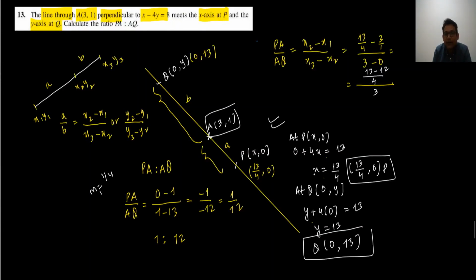Moving forward, 13 minus 12 is 1, so 1 upon 4, and this is 3. 1 upon 4 divided by 3 is equal to 1 upon 4 multiplied by 1 upon 3. So absolutely it is coming 1 upon 12, meaning 1 ratio 12. I know the answer with y will be easier to find because there is no fractional value. So this way we have done question number 13. Let's see question number 14 now.